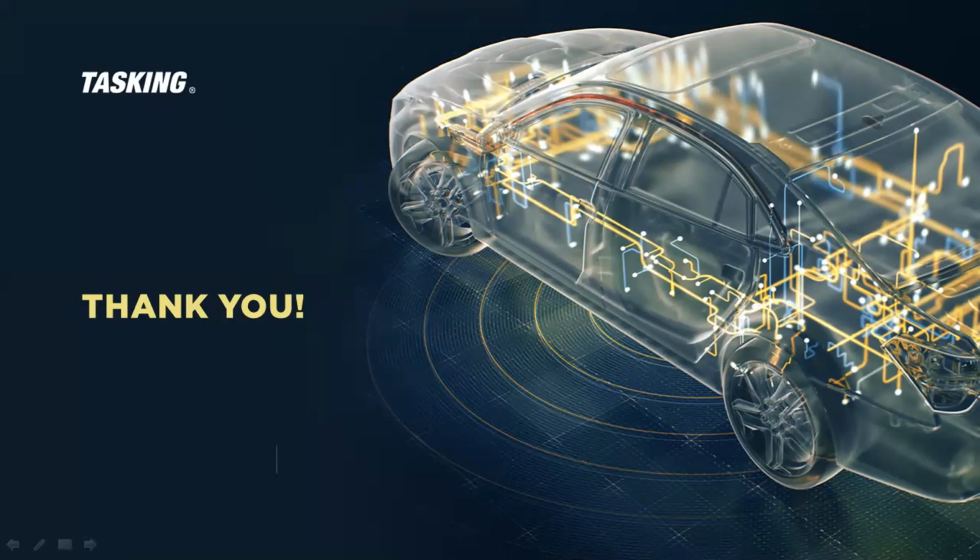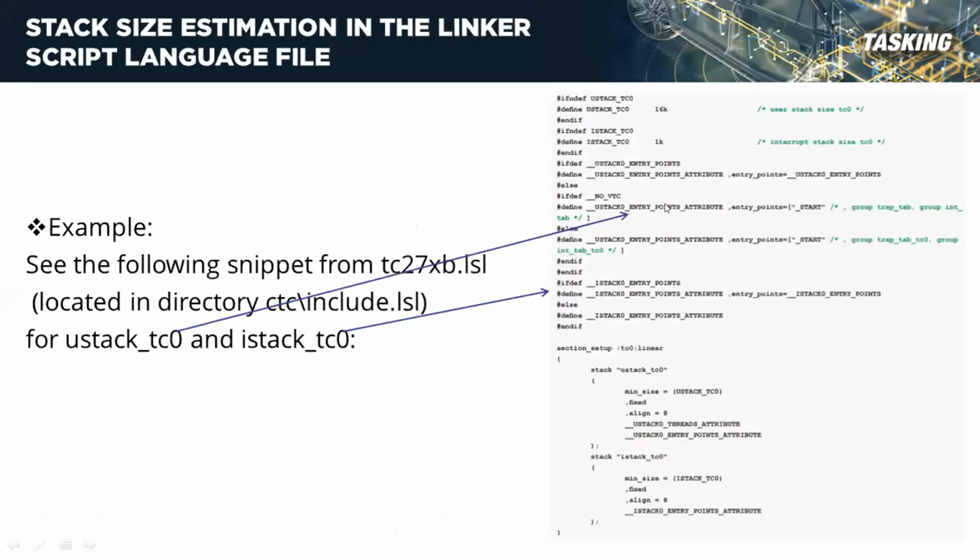Okay, so I already have one question. The question is, what are the default values for the entry points? The default values, you could find them here. For example, in this example, you will find it with _start.